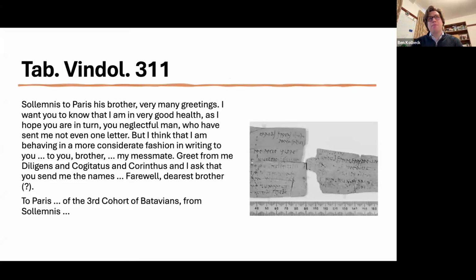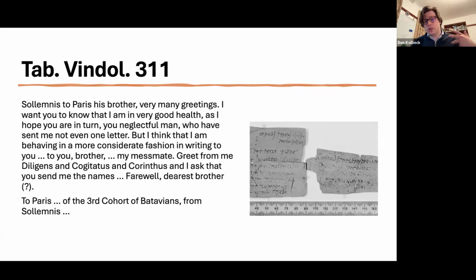They're rarer, partly because we have so many letters of Cerealis, because a large number of his papers were thrown away all in one go. He kept an archive of his incoming and outgoing material. That was all thrown away when that unit left the fort, so that's why we have so many of those letters. Whereas the everyday soldier is probably not keeping an archive of all of their material, so it's a little bit harder to see them.